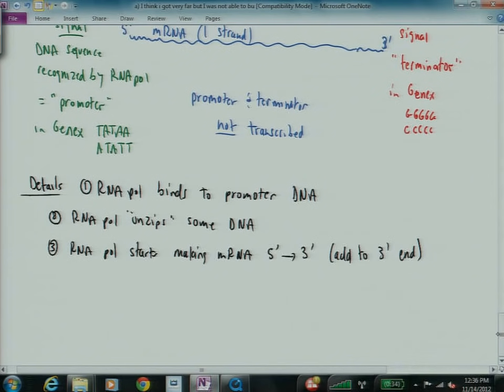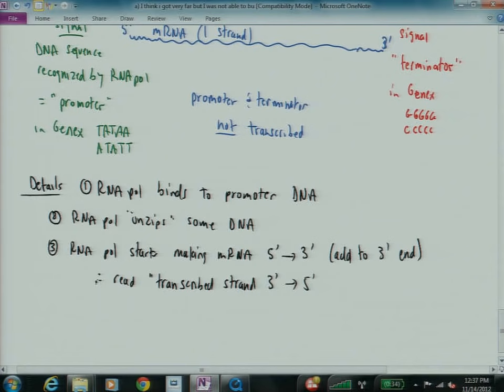Therefore, you read what's called the transcribed strand 3' to 5'. Wait, how come it's backwards? If you're making RNA one way, the other strand has to be going the opposite direction. In order to form proper base pairs, the two strands have to be anti-parallel. I'll draw a diagram in a second that should make that, I think, a bit clearer.